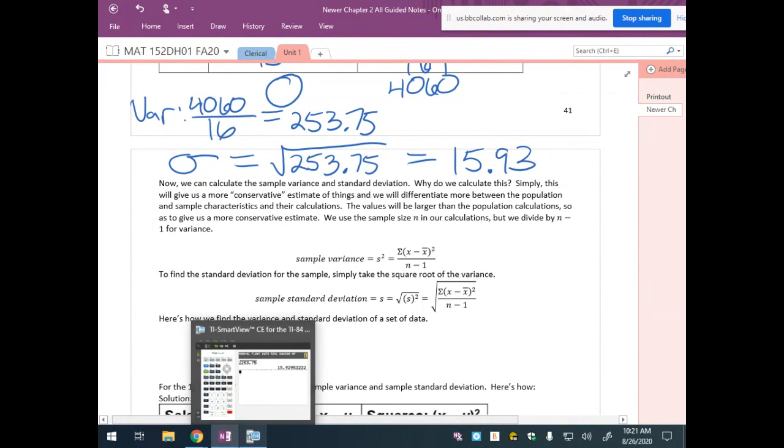It will differentiate between those and sample characteristics and give us a more conservative estimate. We're going to see this much more in Unit 4 and 5, why the whole sample calculation came about.